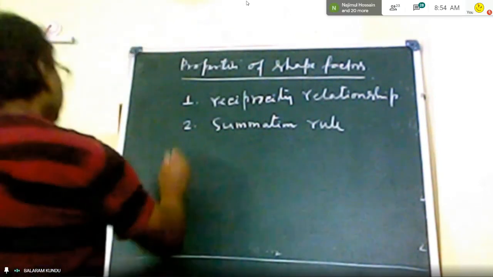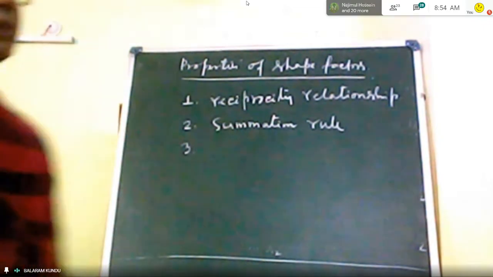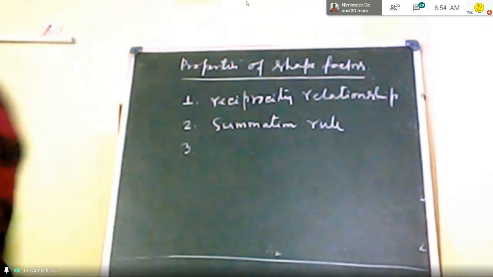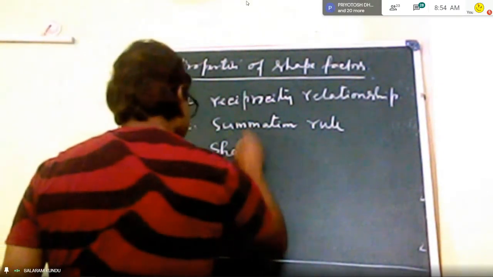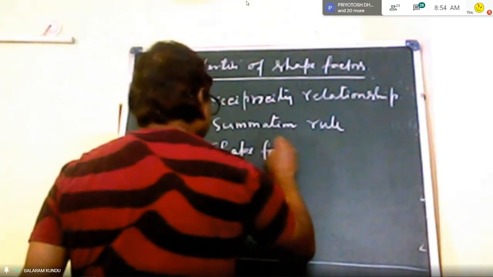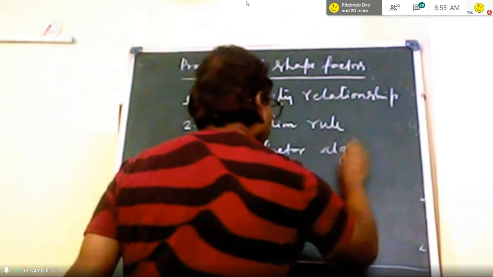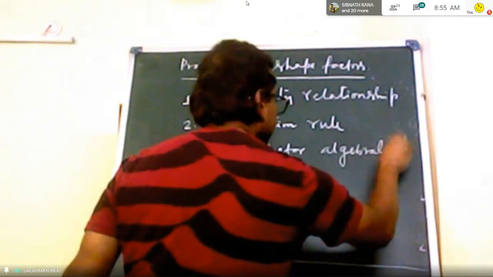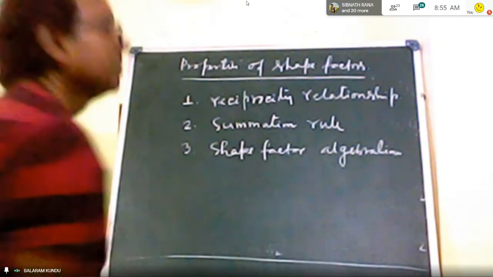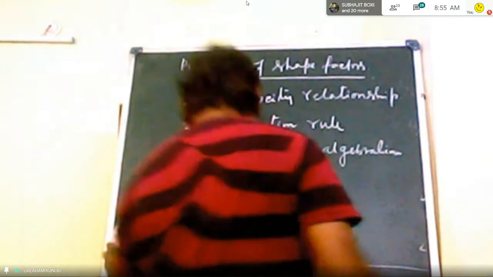And number three, combining these two, 1 and 2, we can get shape factor algebra. So this property is obtained from properties 1 and 2, shape factor algebra.